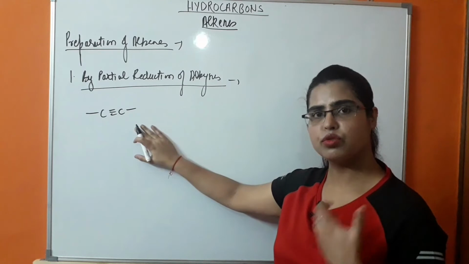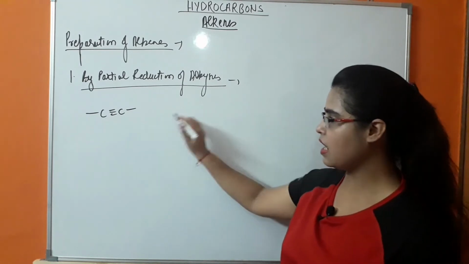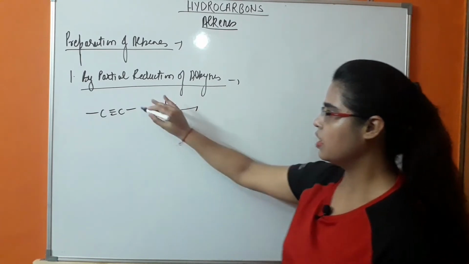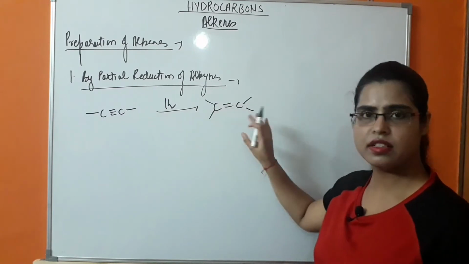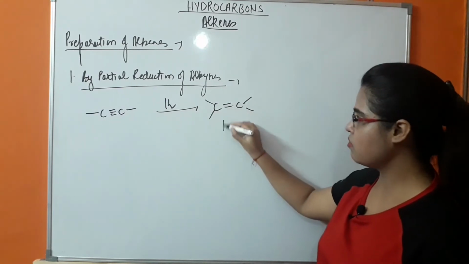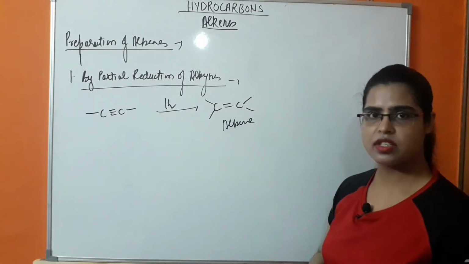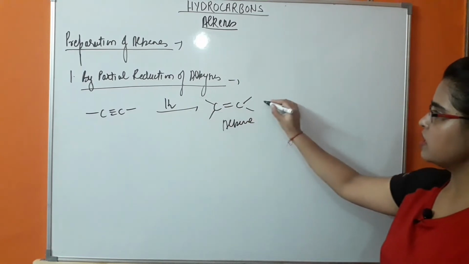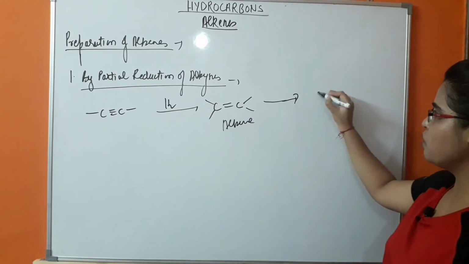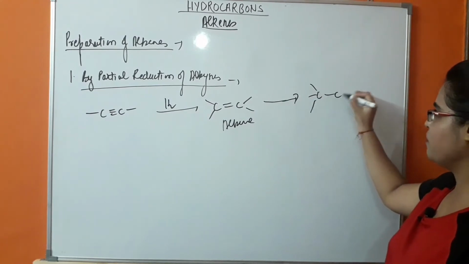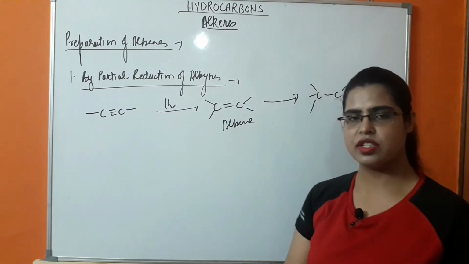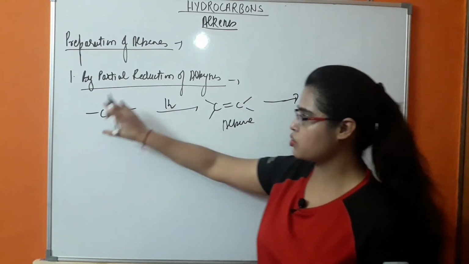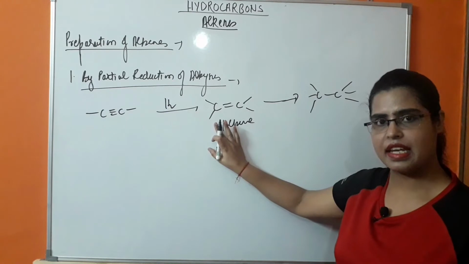That means we have to do the reduction of this alkyne in such a way that the reaction will stop at the alkene stage. Okay, otherwise this reaction will proceed to the alkane stage. So we have to use some specific reagents or catalyst which will stop the reaction at the alkene stage.